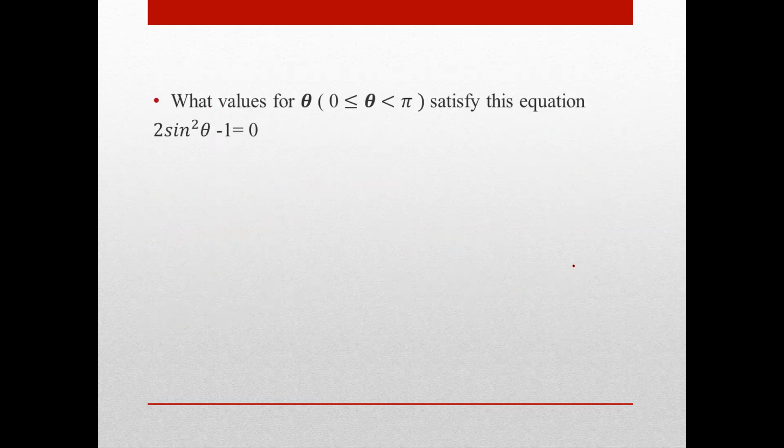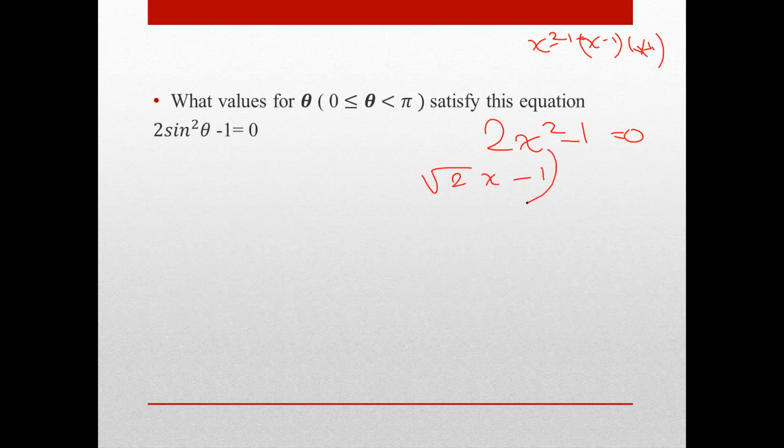Look here now. 2 sine squared of theta minus 1 equals 0. For this one, it's like 2x squared minus 1 equals 0. Before it, if you have x squared minus 1, how can we factorize it? You will say it's x minus 1 times x plus 1. Here it is the same, but you will say square root of 2 x minus 1 times square root of 2 x plus 1.